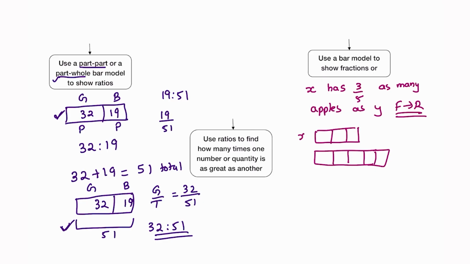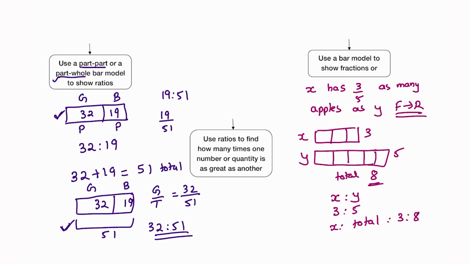So that's x and that's y. So x has 3 upon 5 as many apples as y. So 3 and 5, the total here is 8. We can say x is to y is 3 is to 5. And if we want x to total, we say 3 is to 8 because the total is 8. That's how you represent fractions as ratios.